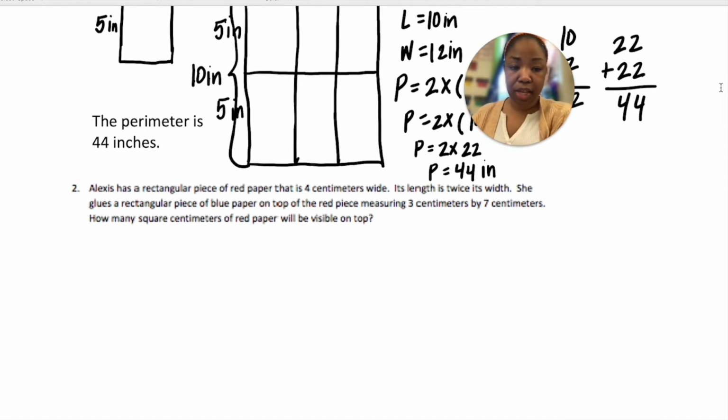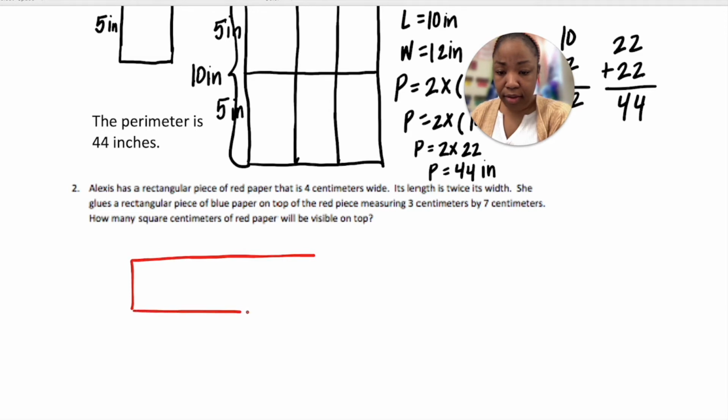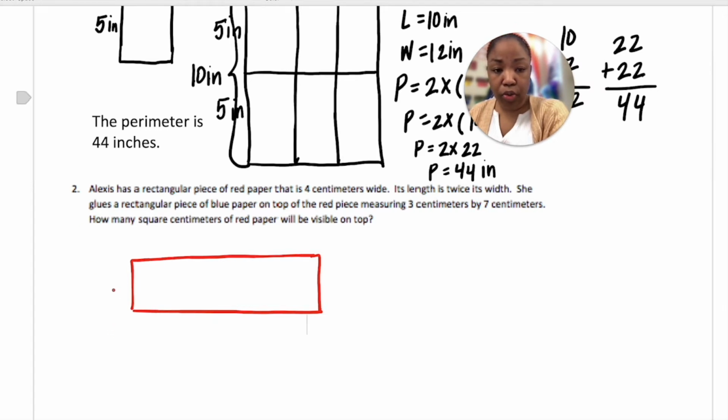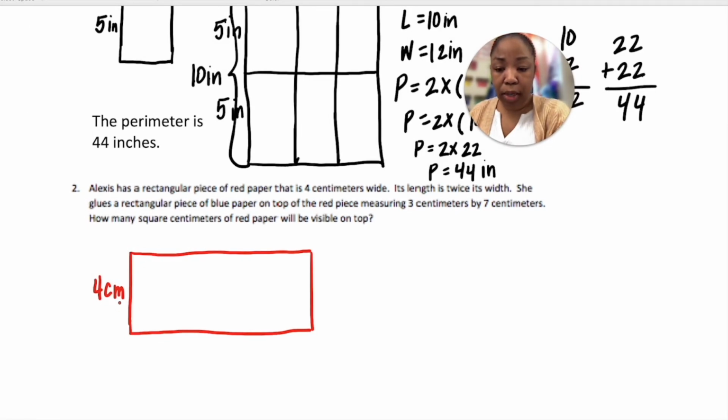Okay, so for this problem, we have a rectangle that is red. So I'm going to use my red color. Feel free to use a red marker or pen or crayon so that you can see this is the red paper. So we have, it's 4 centimeters wide.